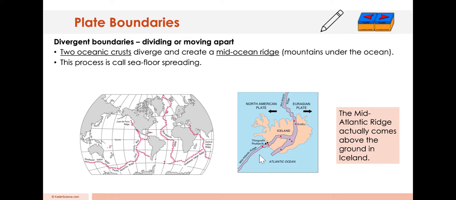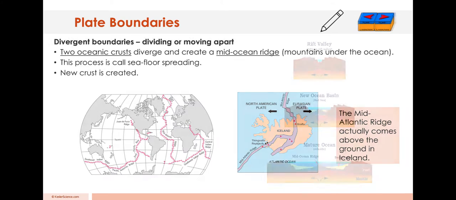One of the places that we can actually see the seafloor spreading above ground or not super deep underneath the water is in Iceland, where the North American plates and the Eurasian plates are currently separating apart, creating new crust in between each of them. Okay, so once again, new crust is created.